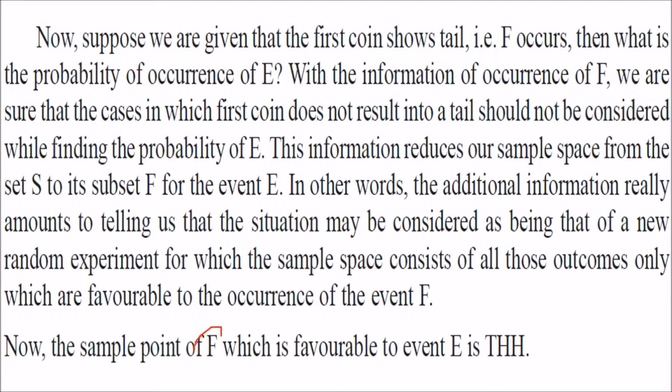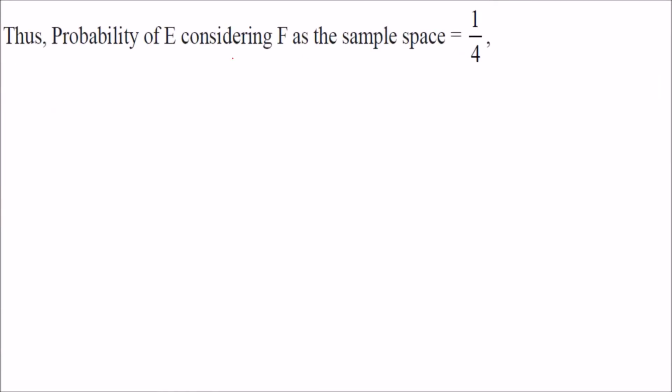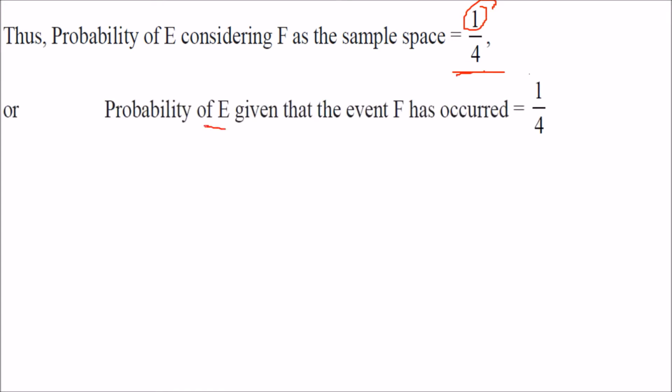The sample points of F are four, and only THH is common with E. So the probability of E considering F as the sample space is 1 by 4, because only 1 is common and the sample space is 4. So the probability of E given that F has occurred is 1 by 4.